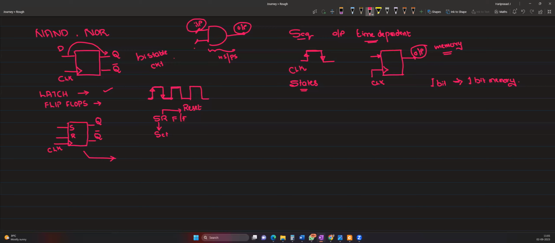In order to build this SR flip-flop, we can use NAND gates or NOR gates. Using NAND gates, the circuit looks like this. I will have one NAND gate, and another NAND gate. S is the input, R is the input here, and I will have the clock connected to this part.